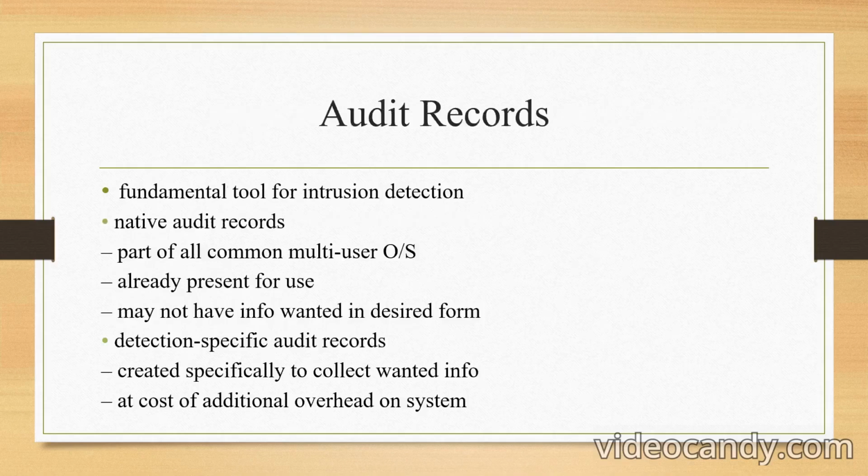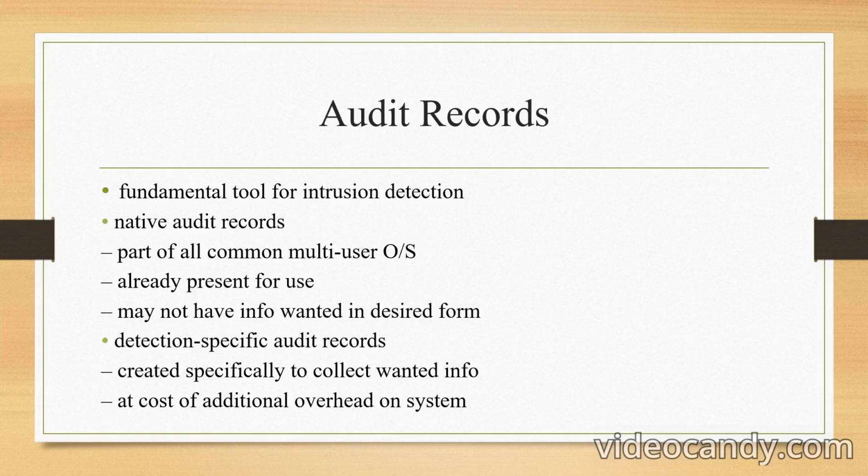Audit records. A fundamental tool for intrusion detection is the audit record. Some record of ongoing activity by users must be maintained as input to an intrusion detection system. There are two plans used. One is called native audit records.